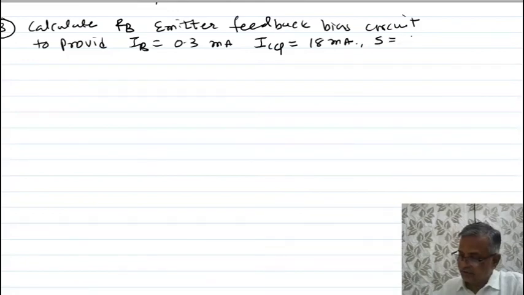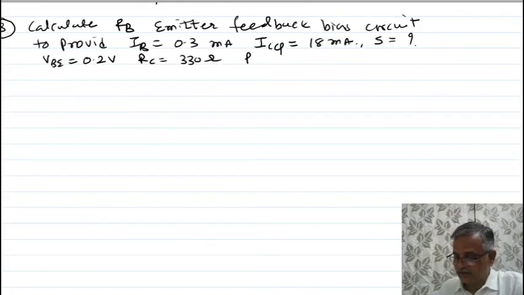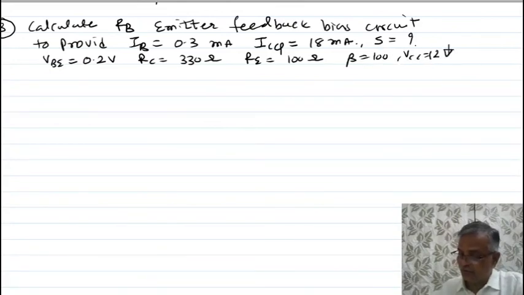Also calculate the value of S. Given value of base emitter voltage is 0.2 volt, RC is 330 ohm, emitter resistor is 100 ohm, beta is 100 and VCC is equal to 12 volt.